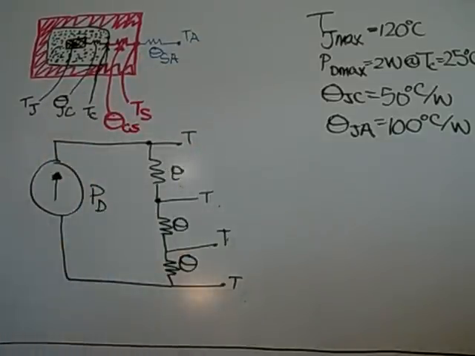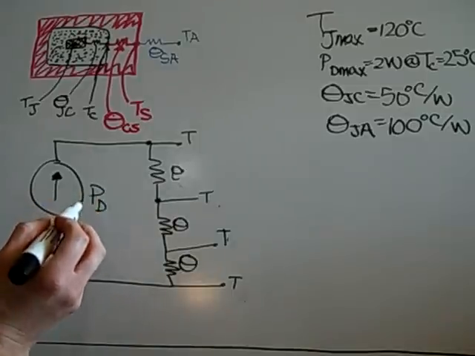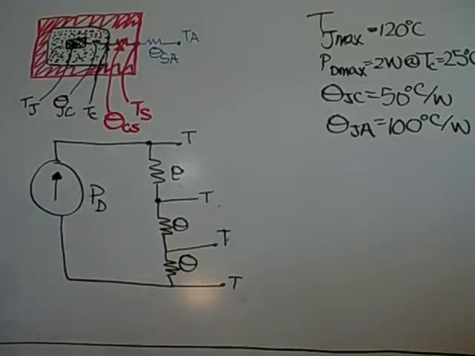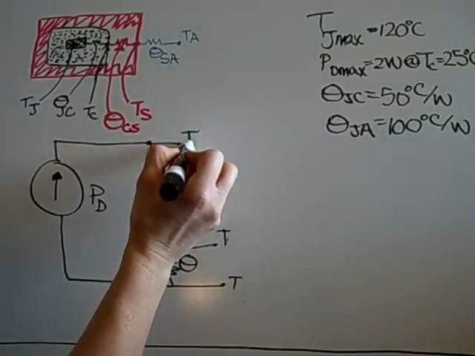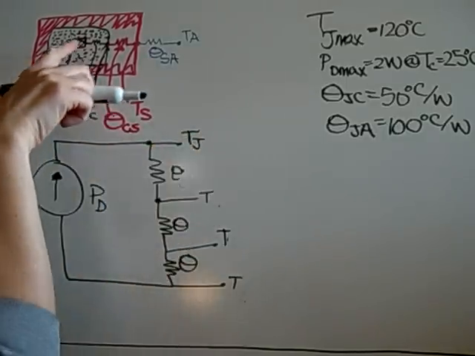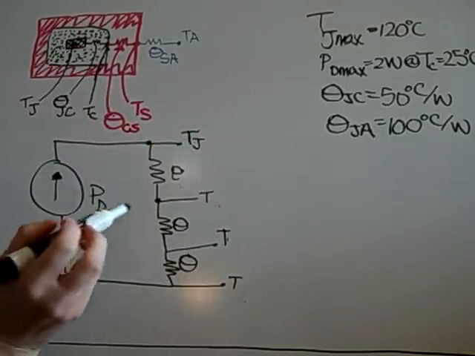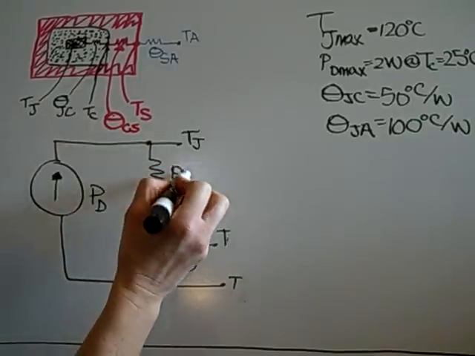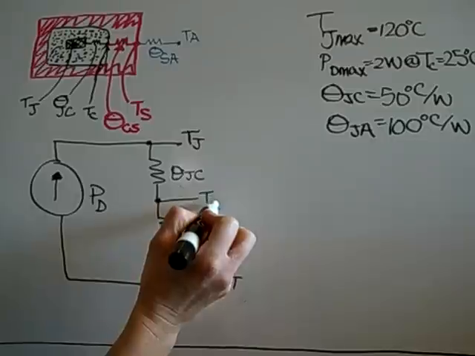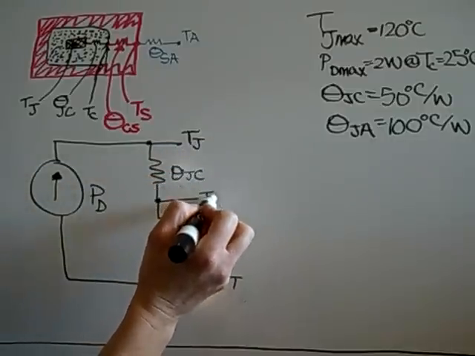So drawing this in a circuit diagram, which we're more familiar with, PD is the power dissipated. That is modeled as a current source. The top here would be your junction at your actual die location itself. This is going to be the thermal resistance between J and your case, so the junction itself and the case.